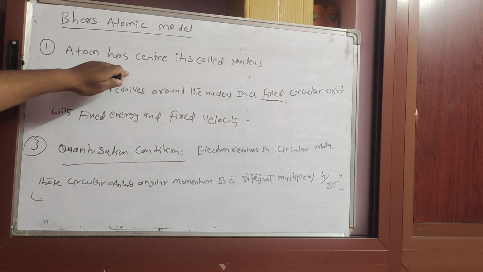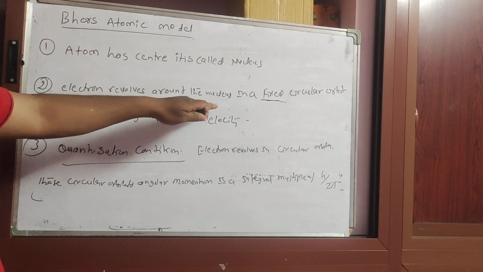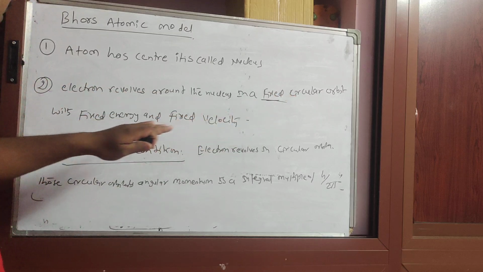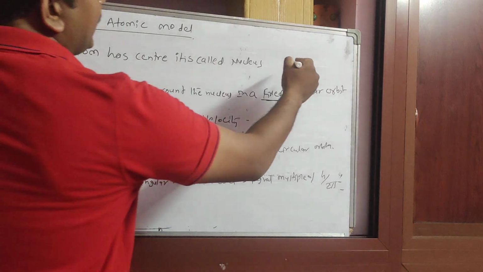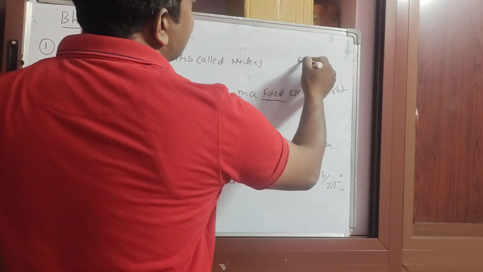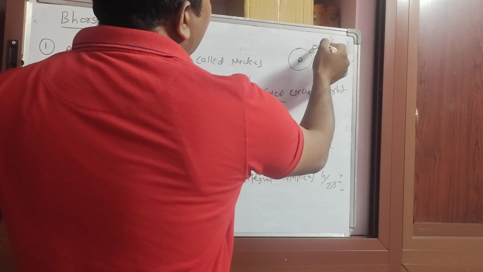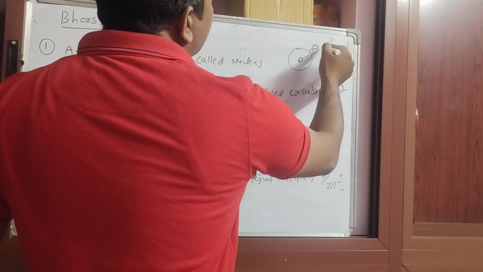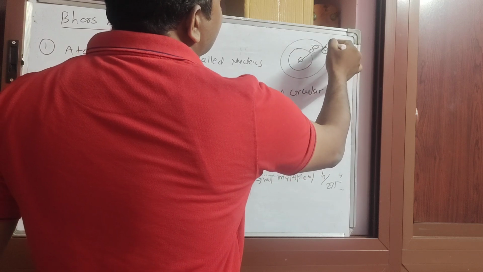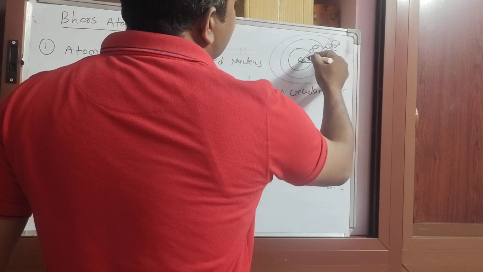The first point is that the atom has a center, called the nucleus. Electrons revolve around the nucleus in a fixed circular orbit with fixed energy and fixed velocity. In a circular orbit, the electron revolves around the nucleus at some distance, like this, this r distance.